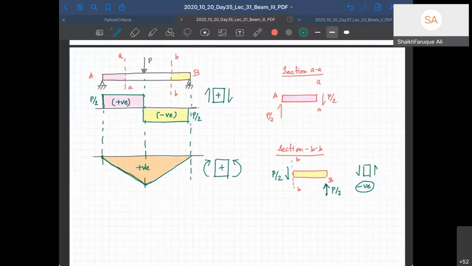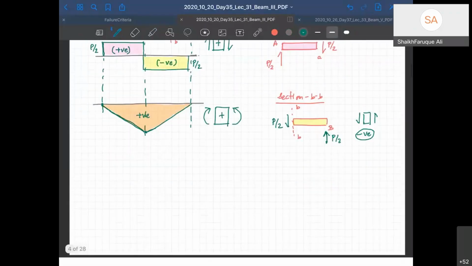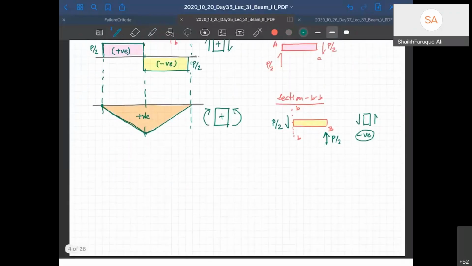So let's take again section AA and analyze it. Okay, so I have this beam, and this is point A, and I have a load P by 2 here.